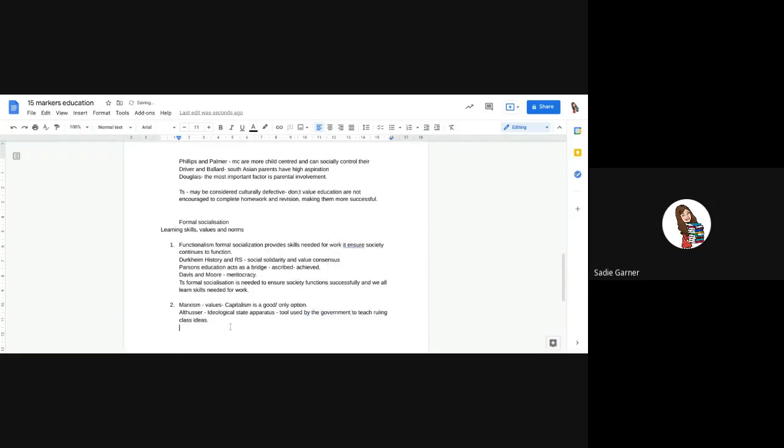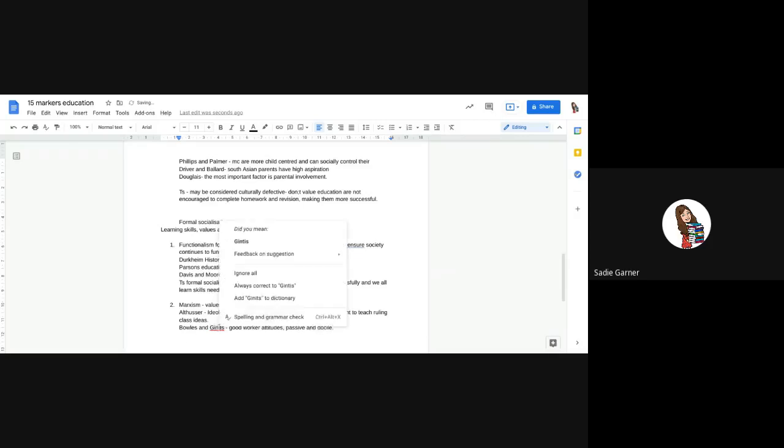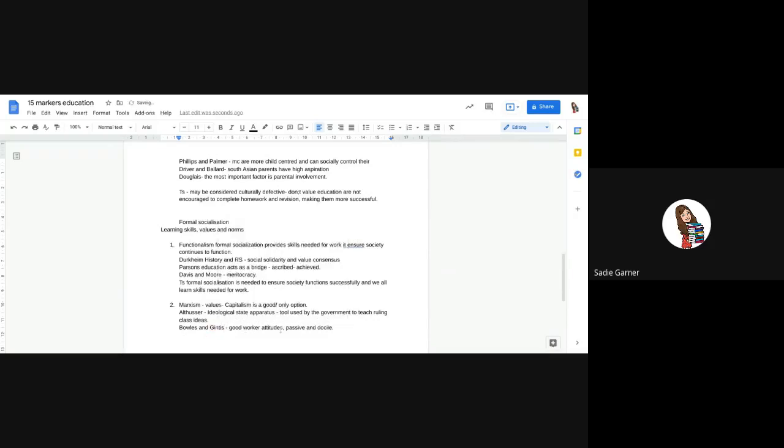Althusser, Bowles and Gintis: education is about teaching good worker attitudes. It's about making you passive and docile.